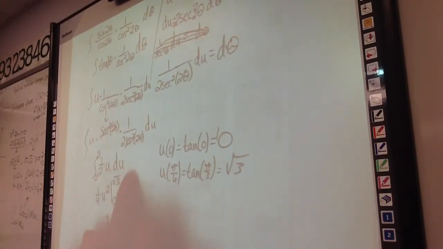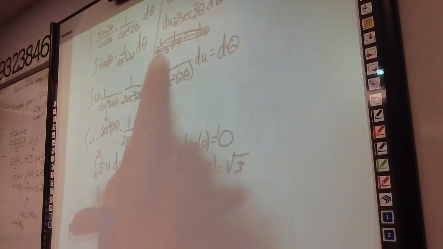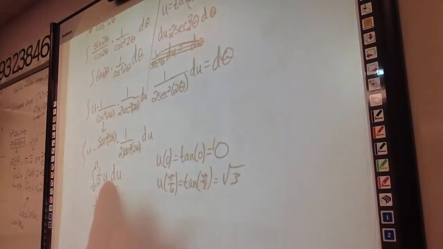So you do that by plugging in those numbers to u. Now we do the antiderivative. You put those numbers on, 0 to square root of 3, and then you plug that in. Square root of 3 squared is 3 over 4.